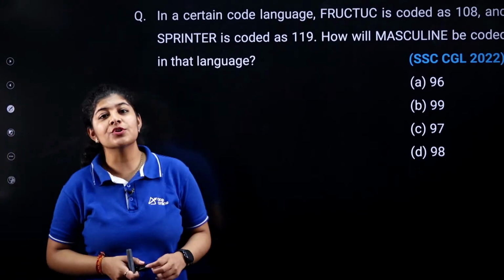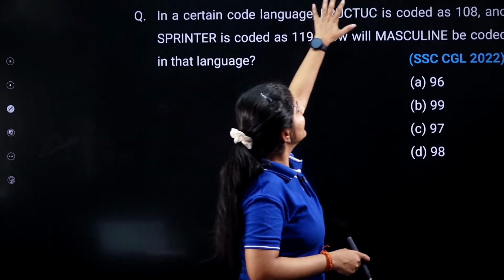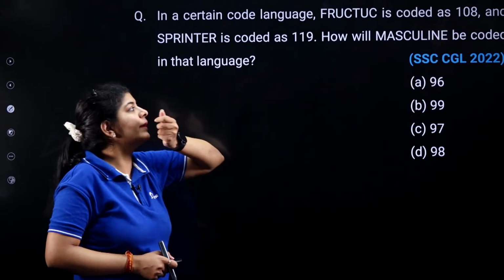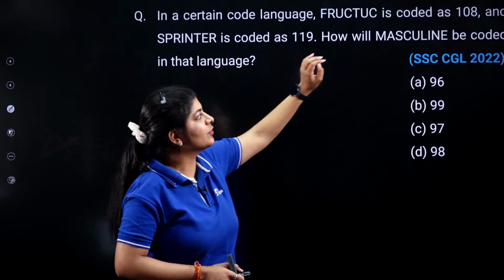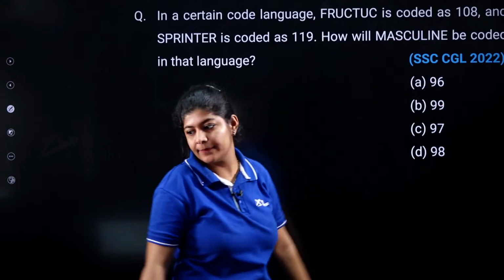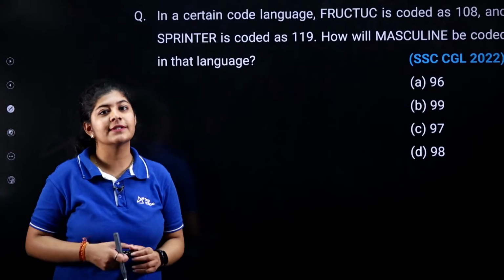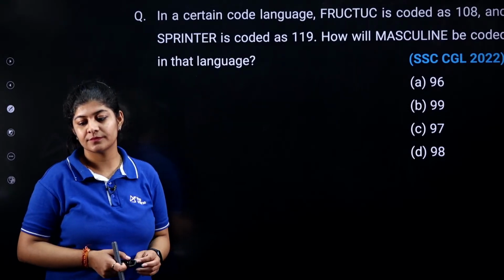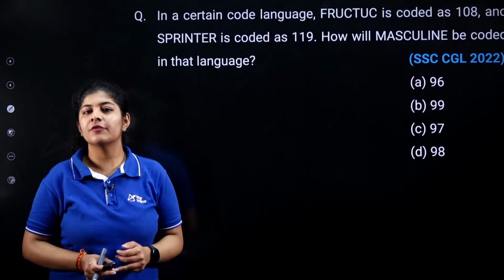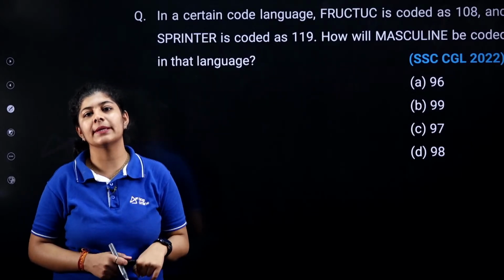So this question is from the concept of coding decoding, where this particular word is coded in a number. You have to determine what pattern we are going to follow over here, and with the help of that you need to determine what number will come at this place. Again for this one also you need the associated numbers. If you know the associated numbers of each and every letter, you can easily determine the pattern.